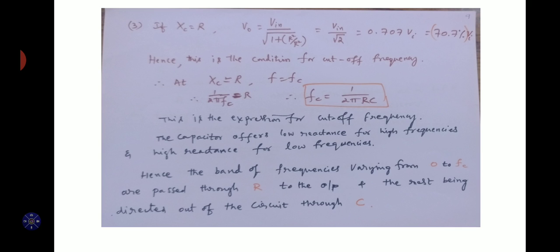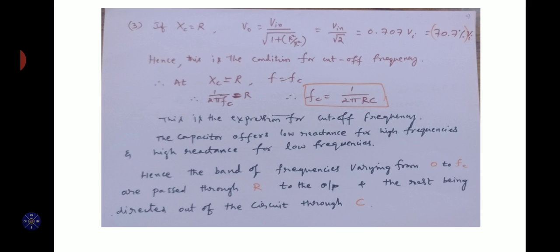That is the frequency at which the gain or output voltage decreases to 1 by root 2 times its maximum value. That is called the cutoff frequency, denoted by Fc. So here we can define the Fc from the graph corresponding to V0 by root 2. So the frequency is Fc.